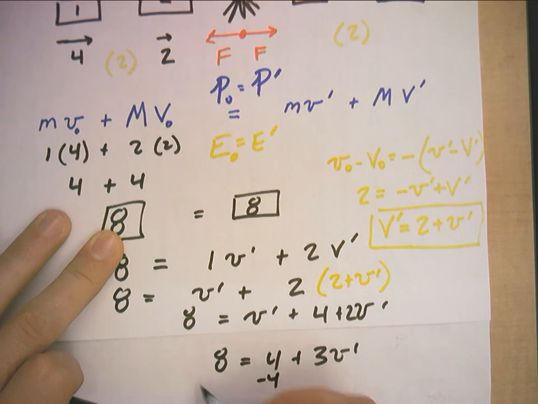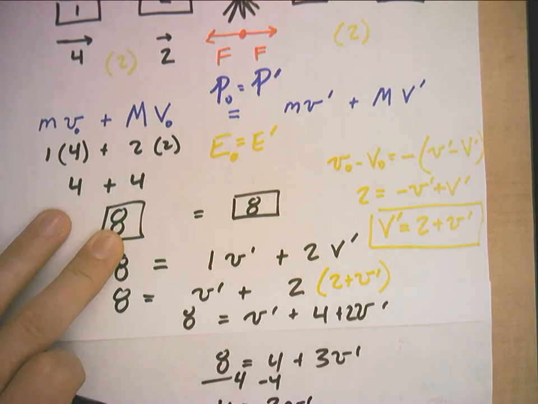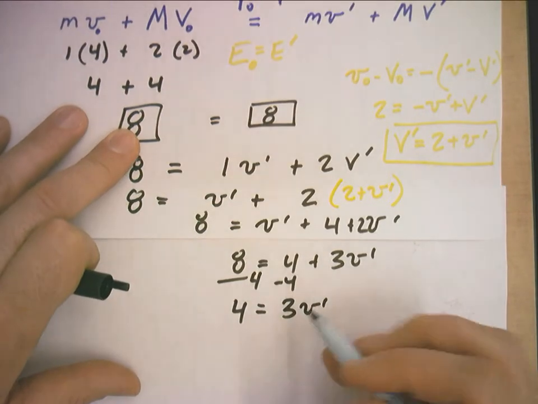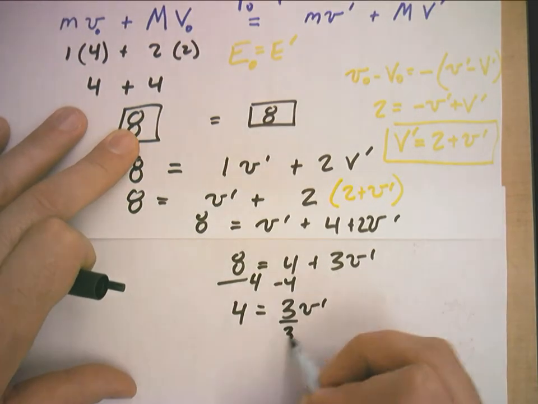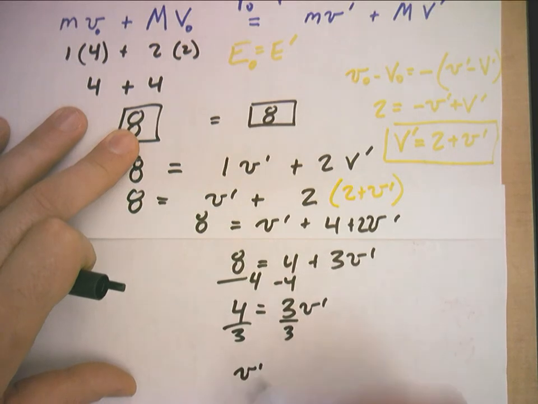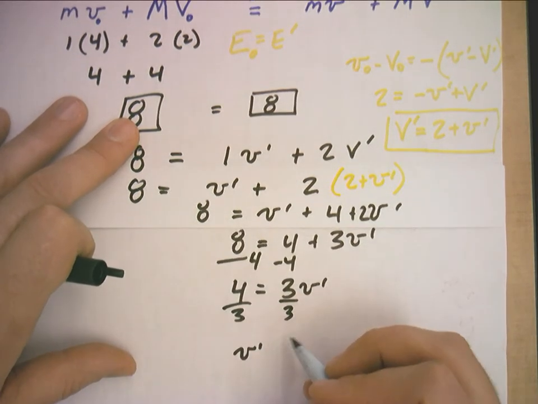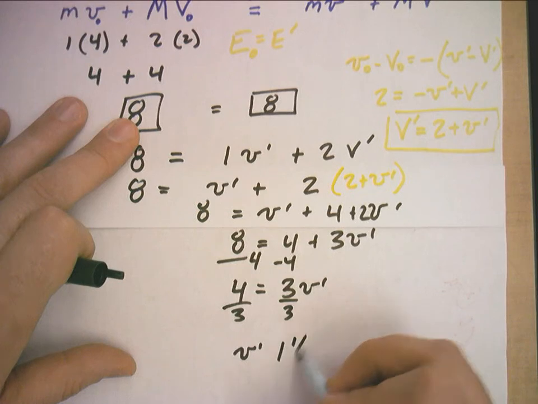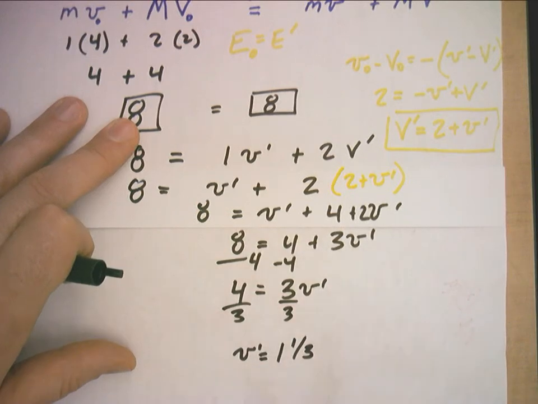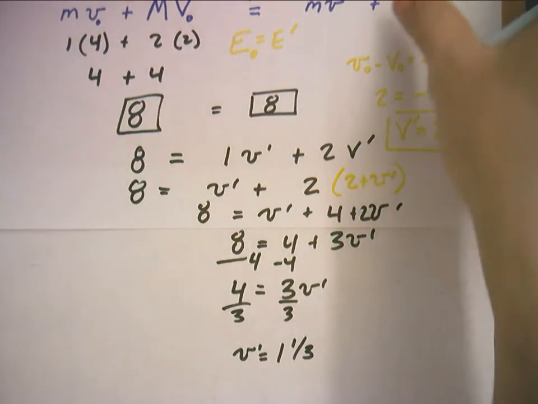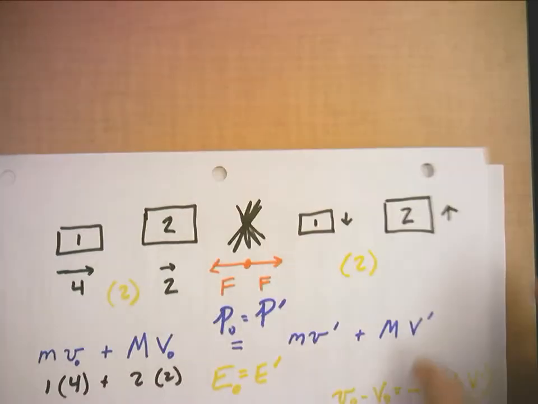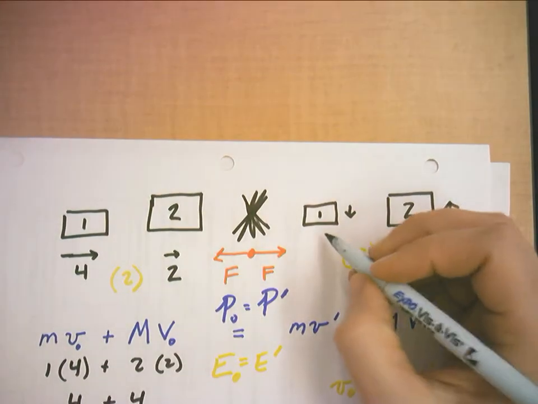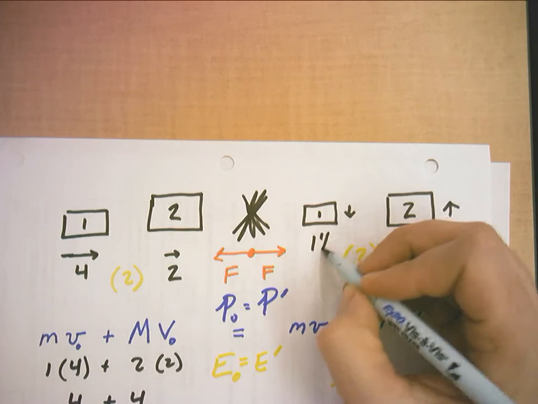Then if we subtract 4 from each side, we end up with 4 is equal to 3 times little v prime. Then all we have to do is divide each side by 3, and we get that little v prime is going to be equal to 1 1/3. So we then take that back up to our picture, and we put in its velocity of 1 1/3.